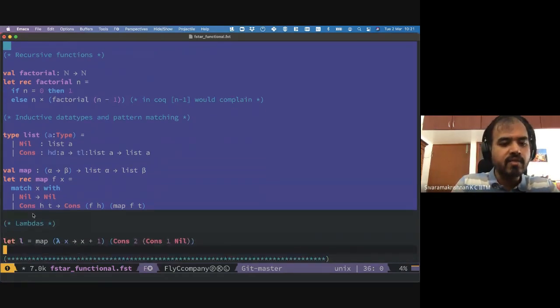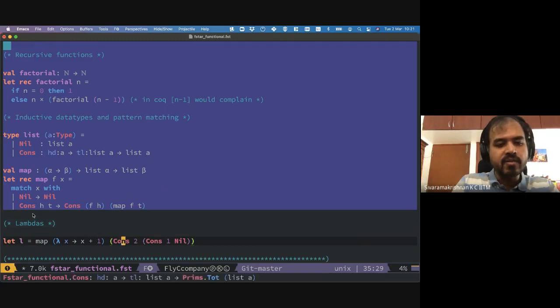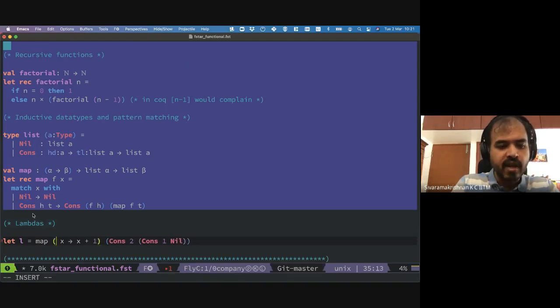And we also have support for lambdas. So here is a map function that maps over this list. So there is a list which has 2 and 1, and I'm writing a higher order function here. And this lambda symbol is just when you write fun, you just get a lambda, right?